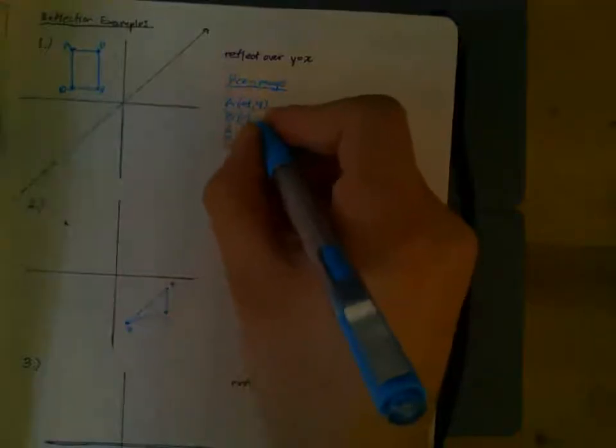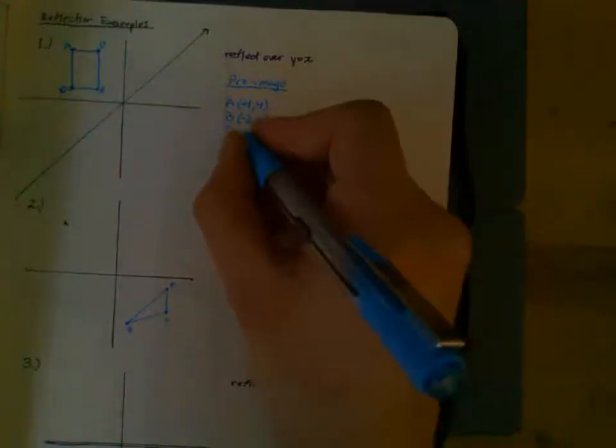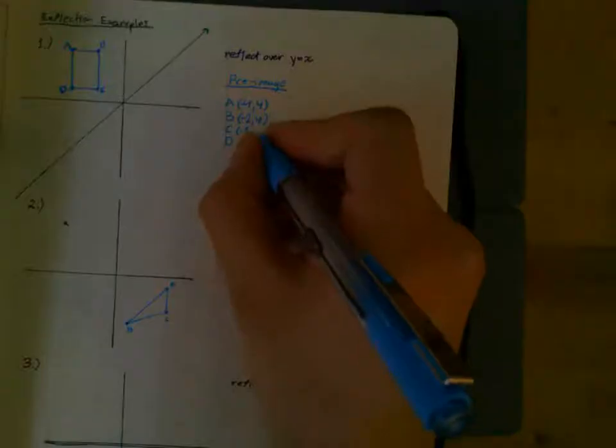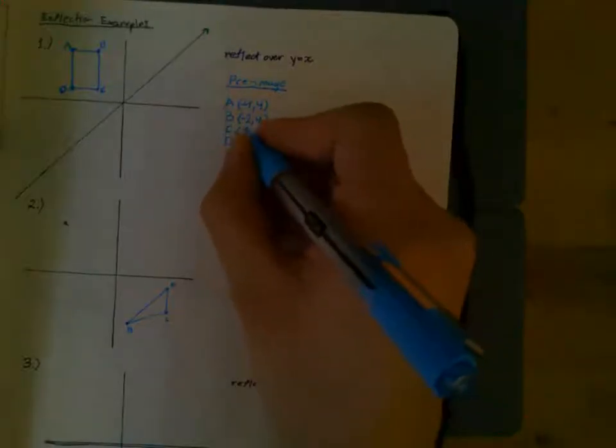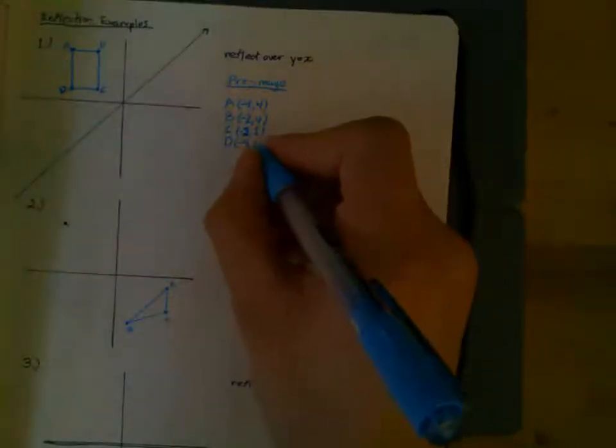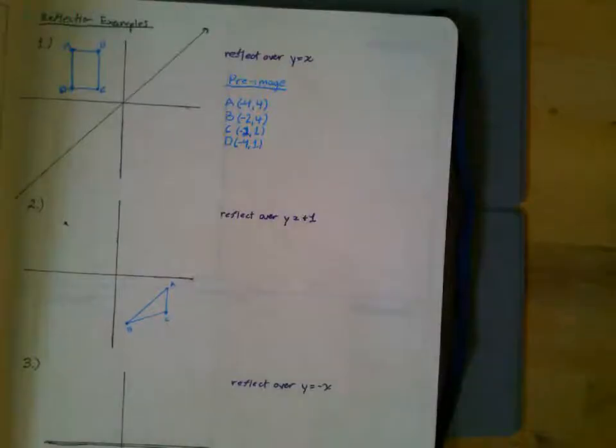For B, it's over 2, up 4. For C, it's over 2, up 1. And for D, it's over 4, up 1. So a typical rectangle, nothing crazy there.